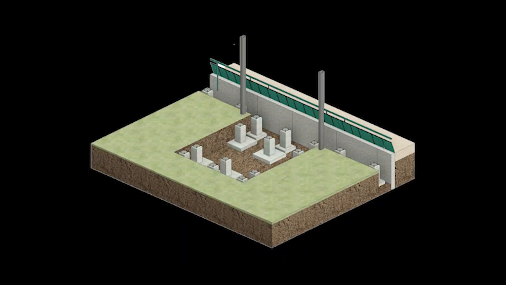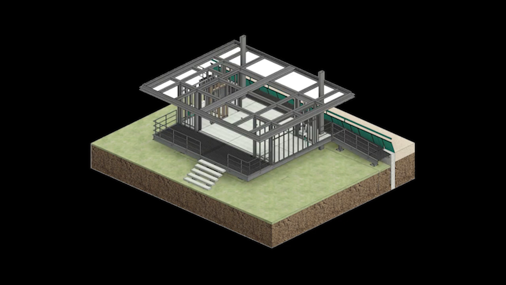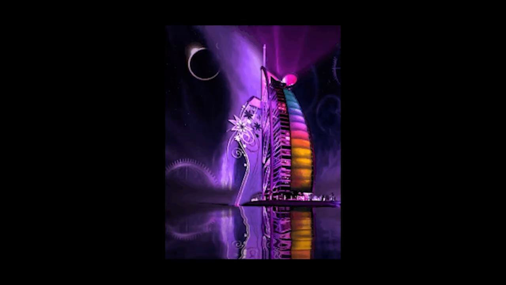The deep pile foundation transfers the load down into stronger ground layers. The Burj Al Arab teaches us that the structure is not only about strength, it's also about the form, aerodynamics, stability, and foundation design.